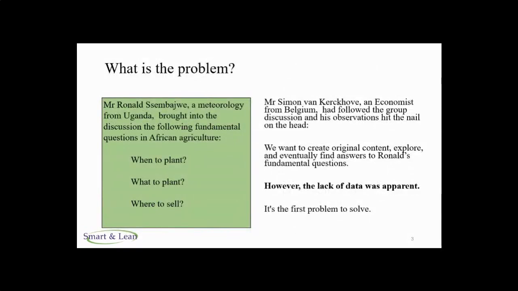Well, as we are talking about a hackathon, we have to identify some kind of problem that we could work on. We need to frame our talk. In the very beginning, at the end of March, Mr. Ronald, a meteorologist from Uganda, stated these three main questions which African farmers are all the time considering: when to plant, what to plant, and where to sell.